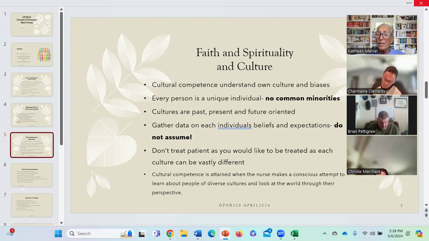Right? We know that every individual is unique. Every culture is unique. There's no common minority. Okay. We also know that cultures have different focuses on past, present, and future as far as their orientation. Some cultures focus on the past. They're so focused on the past that they don't really think about the future, and that has its ups and its downs. Then you have the present. Cultures that are present-oriented are focused on the here and now.